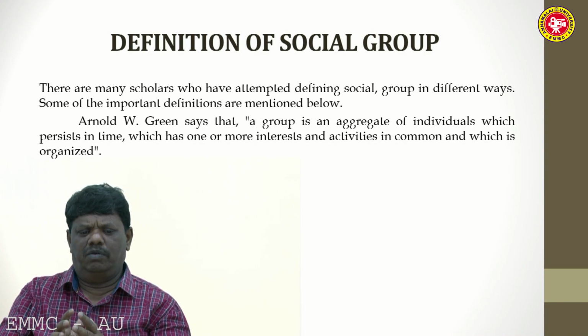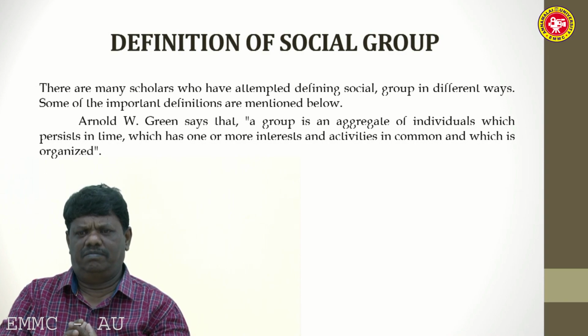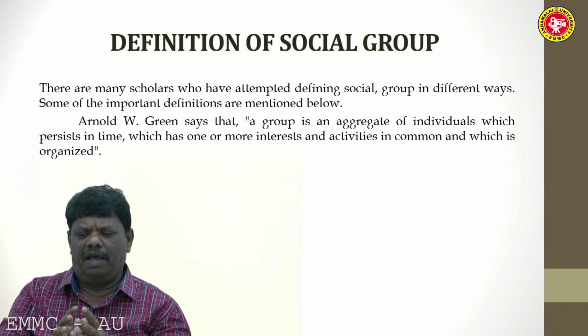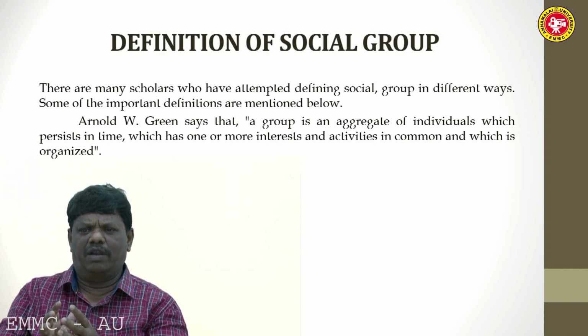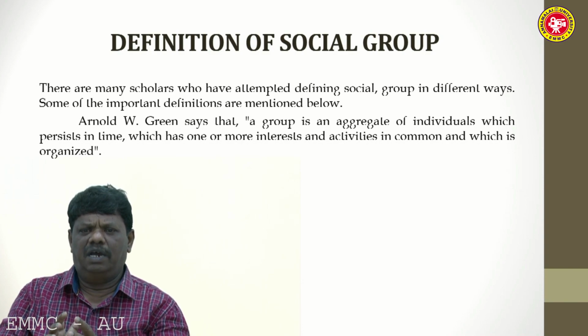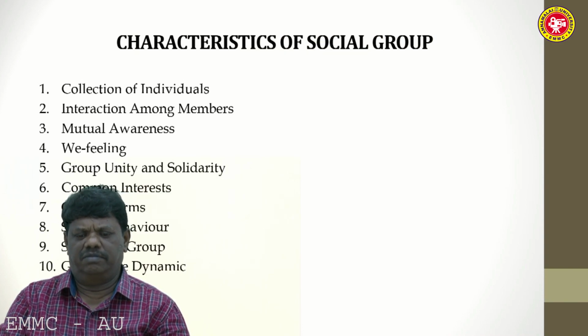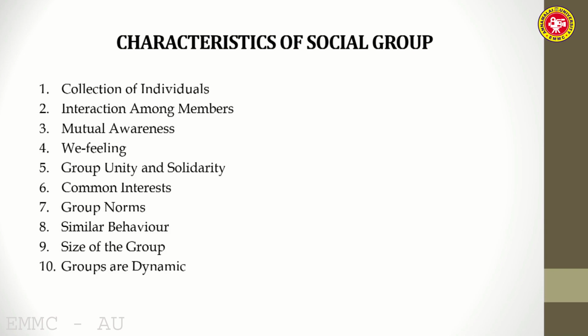According to Arnold W. Green, a group is an aggregate of individuals which persists in time, which has one or more interests and activities in common and which is organized. Then characteristics of social groups.